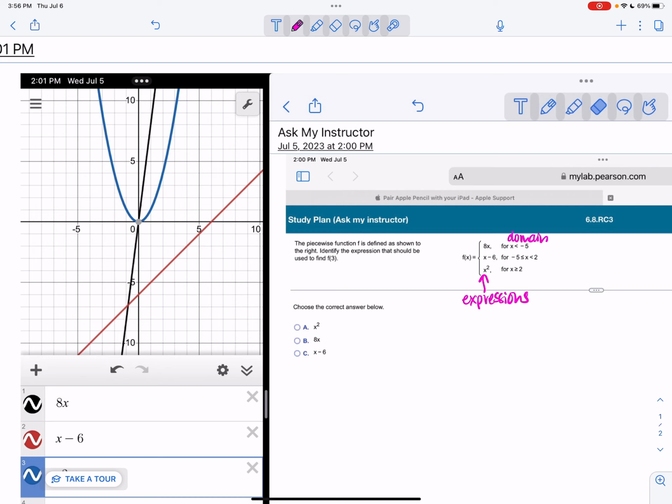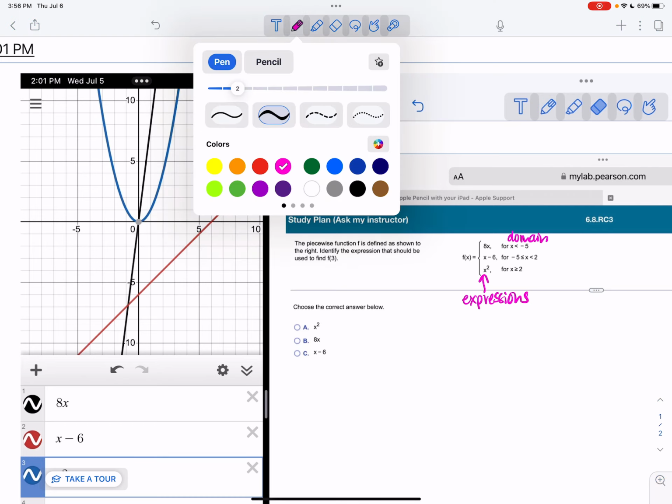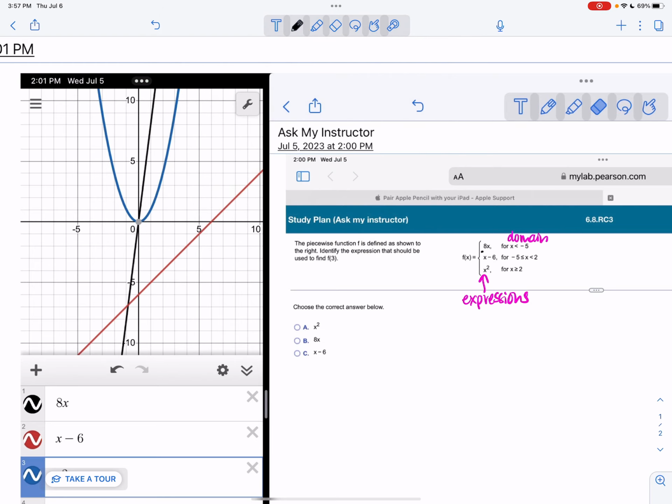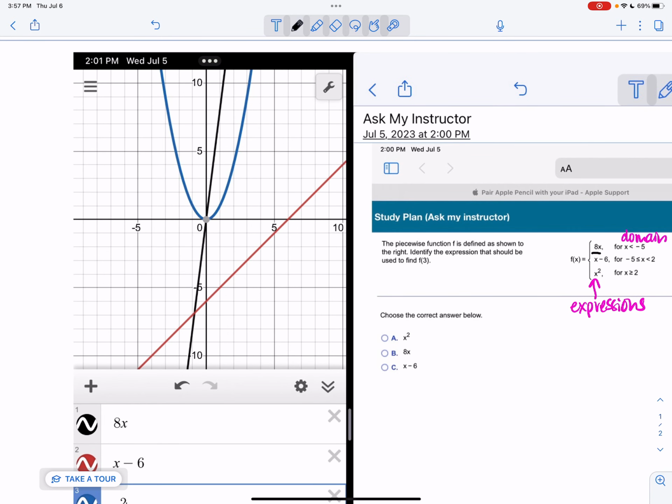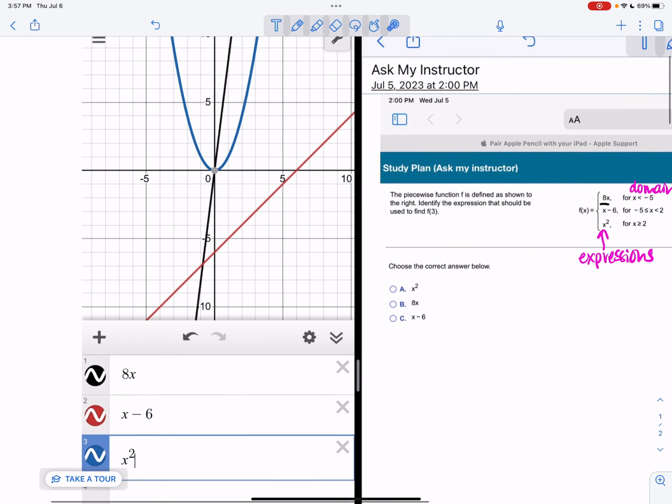So the first one, the black function right there on the left, is y equals 8x when x is less than negative 5. So negative 5 is right here. We're looking at the black function, right?